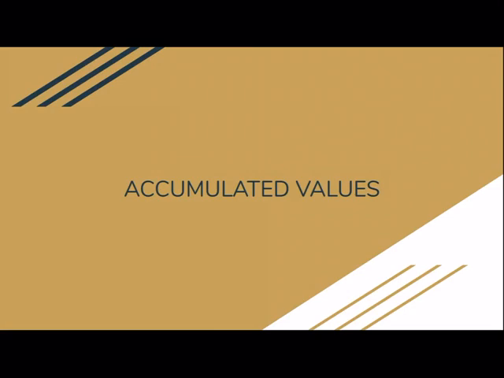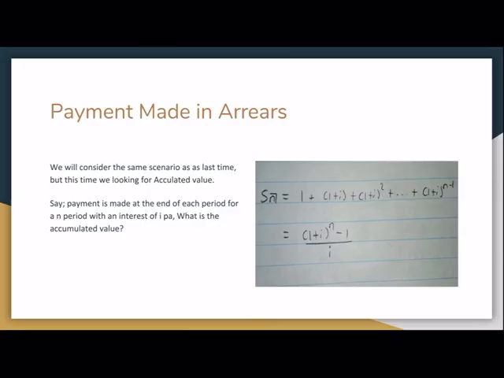How about the accumulated value? Again, this is the formula you will use to find the accumulated value. But then again, we look at the same scenario. What is the accumulated value of a series of constant payments which are made in arrears?